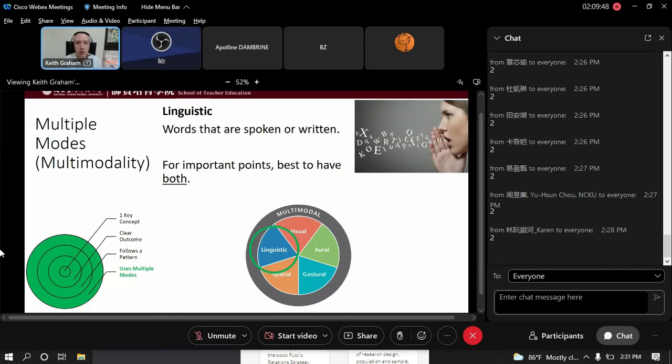But the most important points are, because I want to make sure that those are emphasized. So within the linguistic mode, we can try to include both spoken and written. The more we do that, the easier it will be for our students. Because for many students, reading is not necessarily the problem. Maybe listening is difficult for them, or speaking is difficult for them. The more modes that we can include, the better.